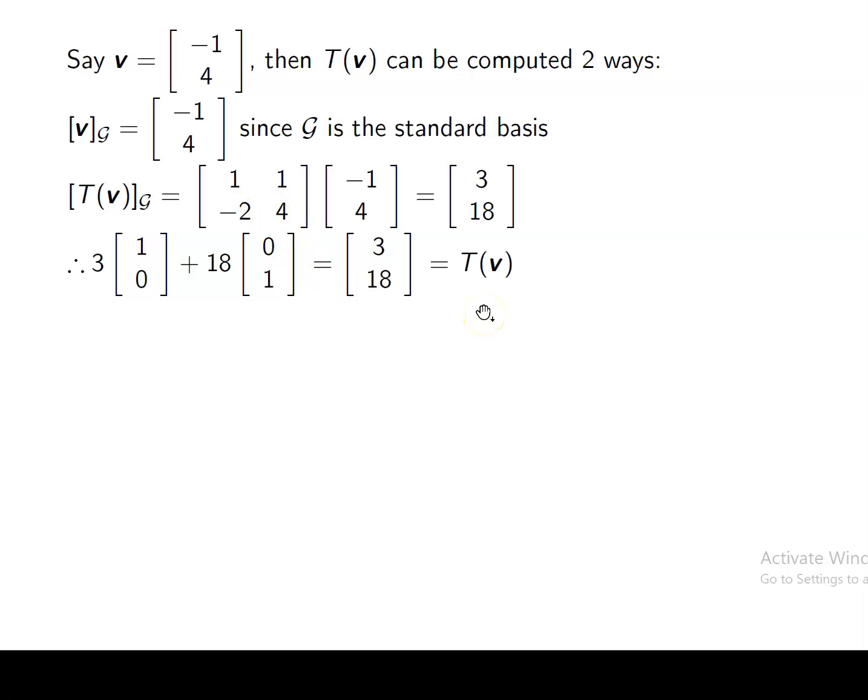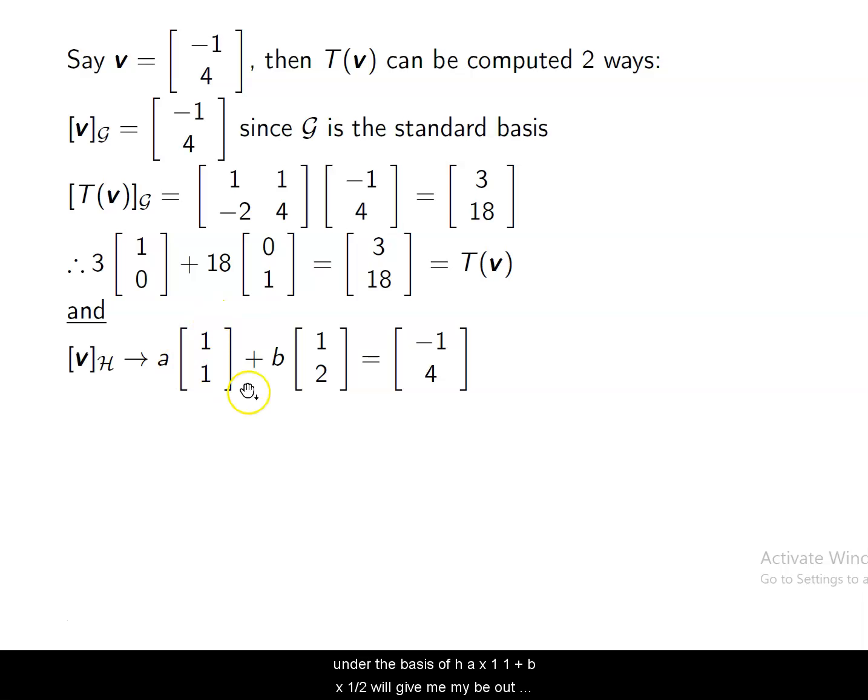So if I want to do this the other way, that's way one, right? The second way is to do this all in terms of H, okay? So I find V in terms of H, so I set up my equation so that I can represent this under the basis of H, right? So A times 1, 1 plus B times 1, 2 will give me my V out.